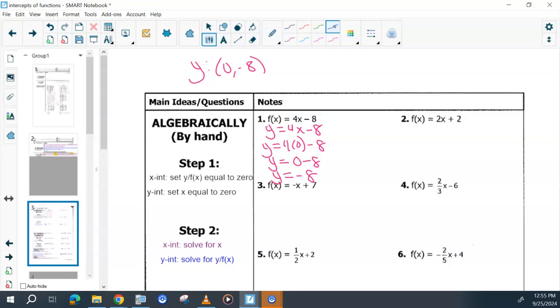So then I'm going to rewrite the equation y equals 4x minus 8. And then put 0 in for y instead of x. And then we're going to solve for x. How would we do that? Yes, add 8.